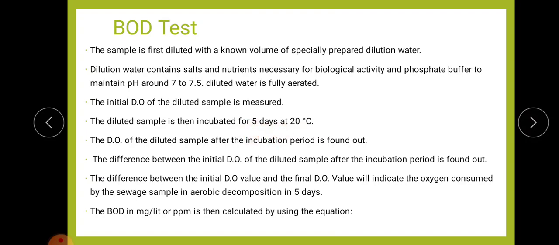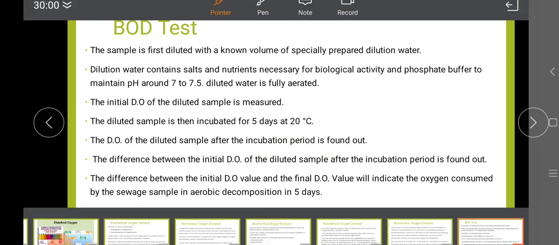After measuring the initial dissolved oxygen of the diluted sample, it is incubated for 5 days at a temperature of 20 degrees centigrade. After the period of 5 days, the dissolved oxygen of the diluted sample is found out.